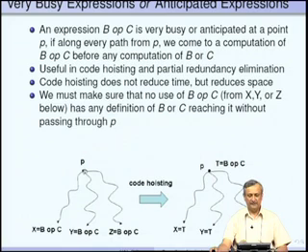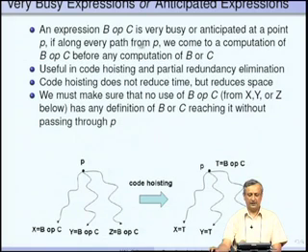There is a point P, then along every path starting from P, we have x equal to B of C, y equal to B of C and z equal to B of C. B of C is being computed along every path starting from P. Such an expression B of C is said to be very busy if there are no definitions of B or C along any of these paths.